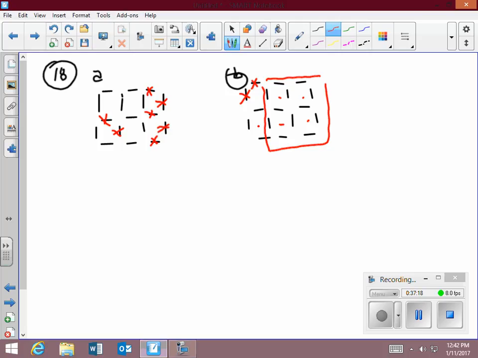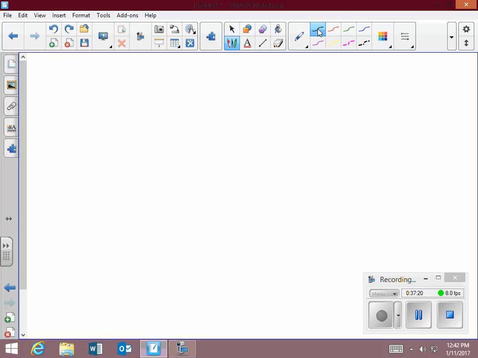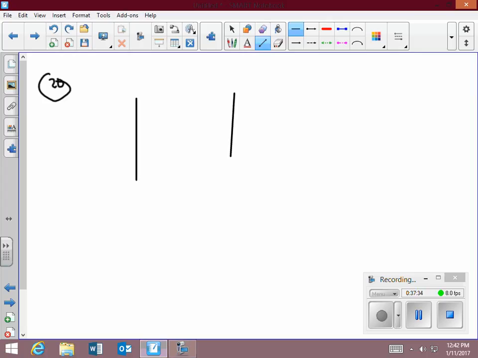Okay. And it says, this one is... and the instructions say, can you trace the following figure without lifting your pencil and without retracing any lines?